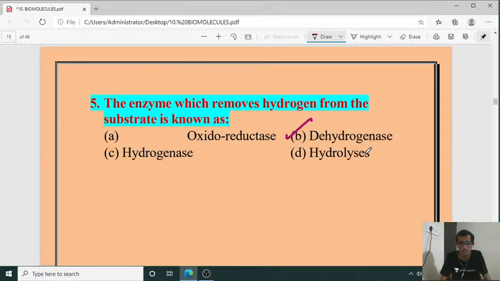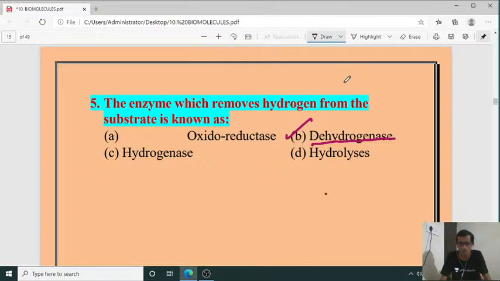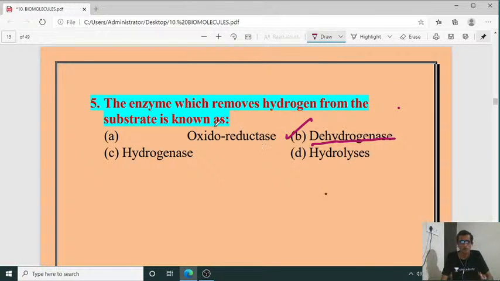It is the dehydrogenase. So dehydrogenase is the enzyme that will remove the hydrogen from the substrate molecule, the biomolecule.